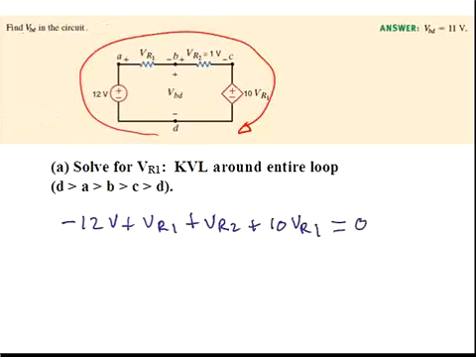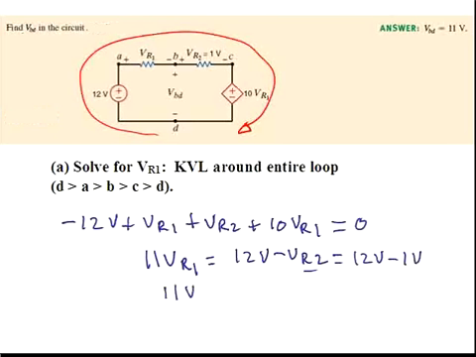We're back at node D. So we can solve this expression for VR1. 11 VR1 is equal to 12 volts minus VR2. But we're told that VR2 is 1 volt in the circuit, so this is equal to 12 volts minus 1 volt. 11 VR1 is equal to 11 volts, or VR1 is equal to 1 volt.